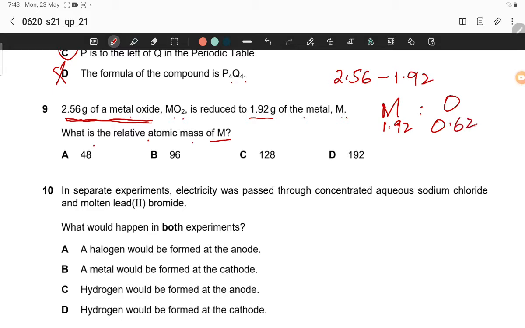Oxygen is 32 divided by X. 1.92 multiplied by 32 is equal to 61.44 divided by 0.62.